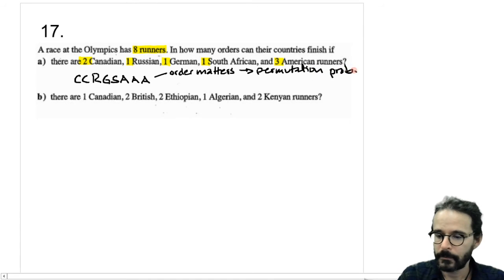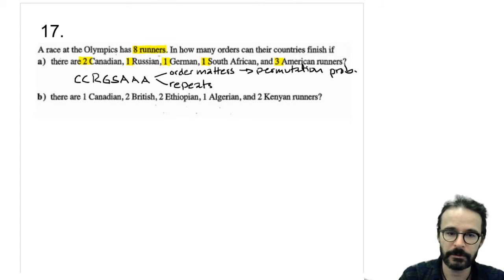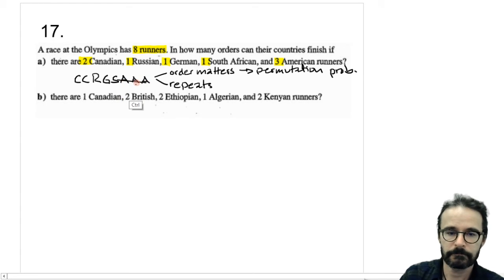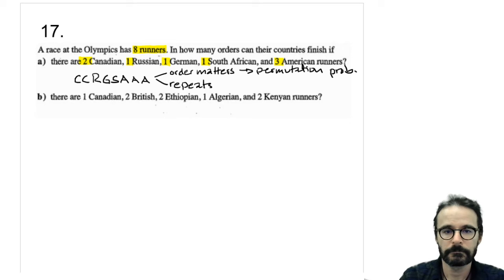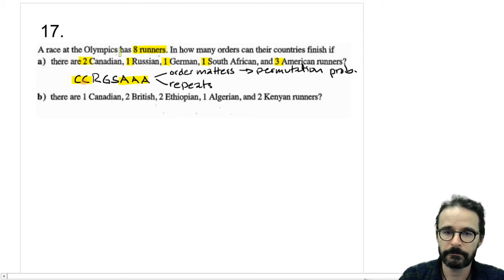And we have repeats in here. We have some letters repeating: 3 A's and 2 C's, right?